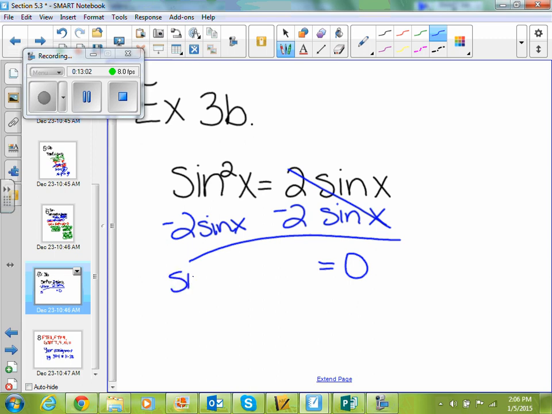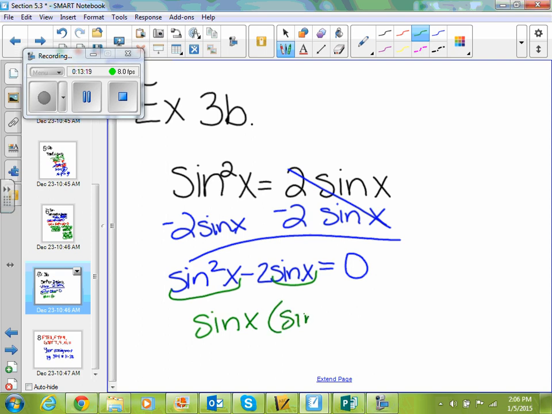So I get sine squared of x minus 2 sine of x. They both have sines in common, so I'm going to factor out a sine. So sine of x times sine of x minus 2 equals 0.